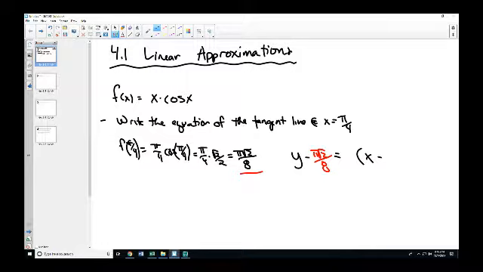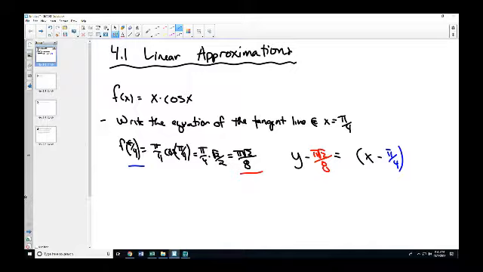And the x value is pi over 4. Okay, that's part right there. We are missing the slope.